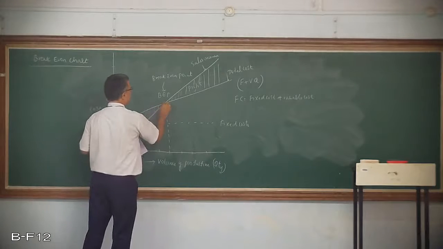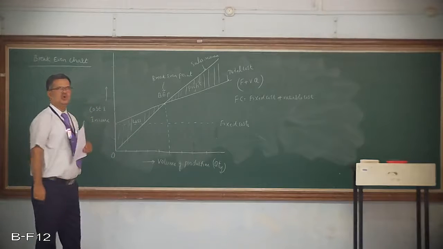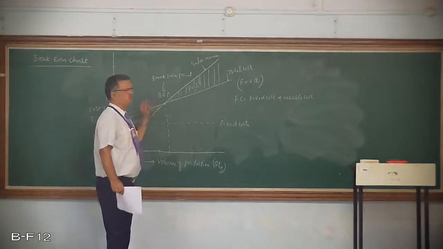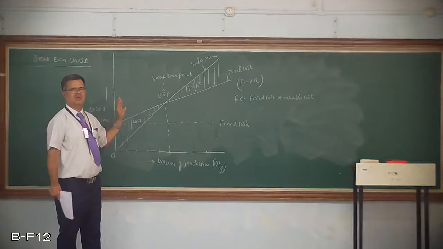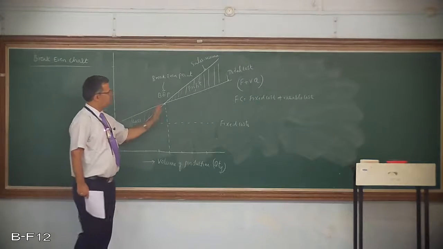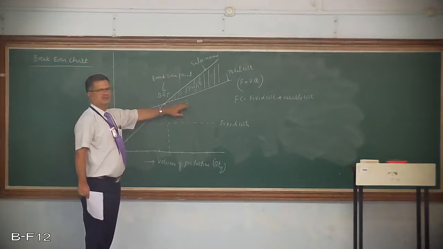So this break-even point indicates that there is no loss and no profit. Zero profit point. Any quantity manufactured beyond this point is profit.